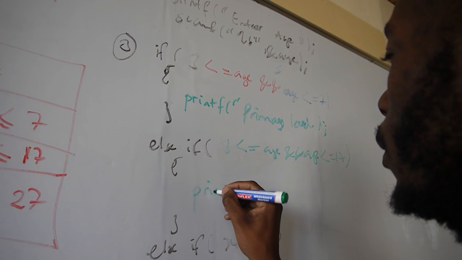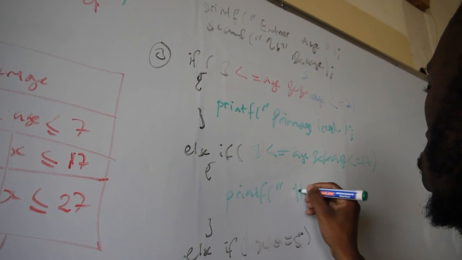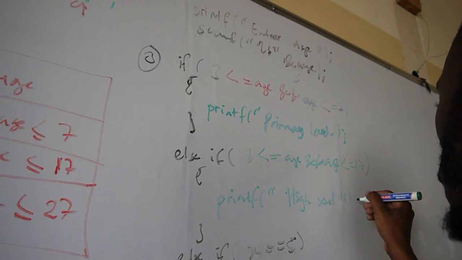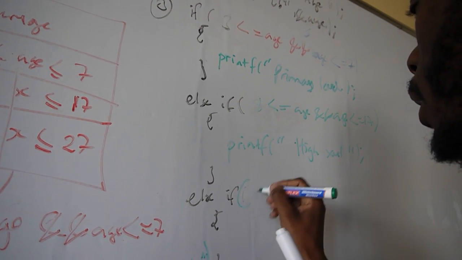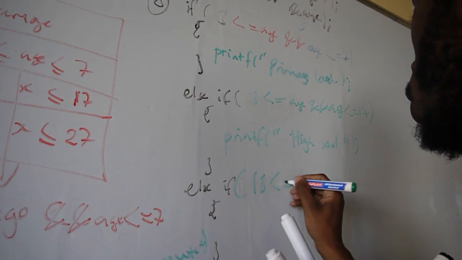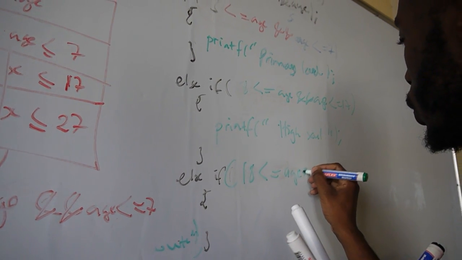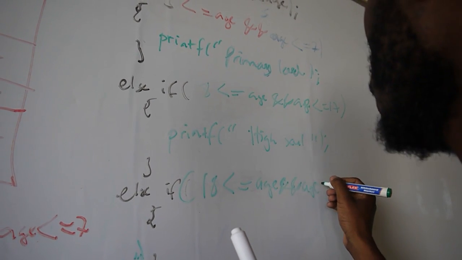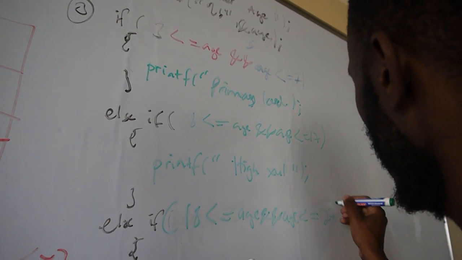Then print high school. You are high school level. Then this one is 18 less or equals to age, and age less or equals to 27.